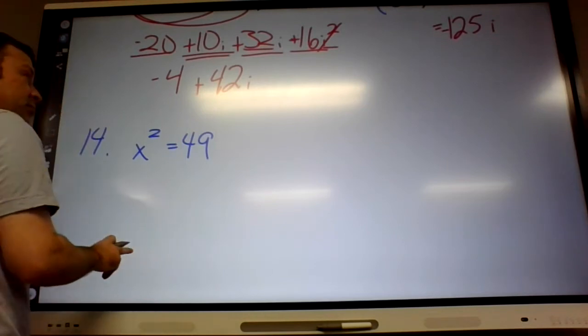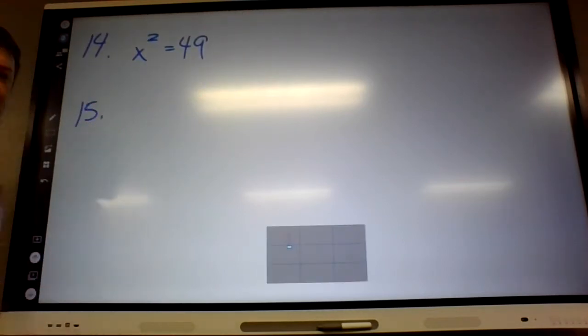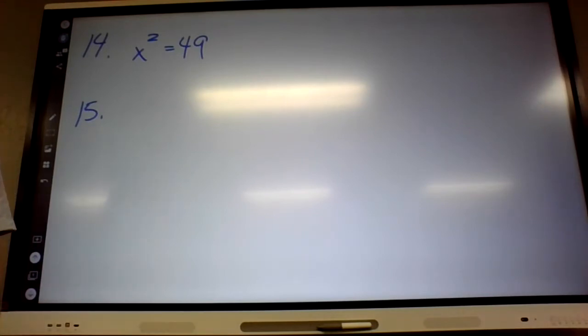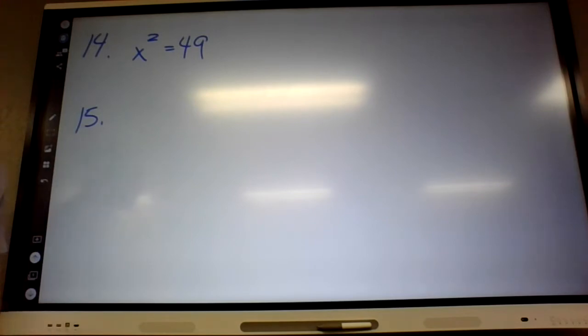Now, this part usually annoys me when I have to grade it. Remember from years past, the directions say solve by taking roots. What does it mean to take roots? Like square root both sides, that's what it means.